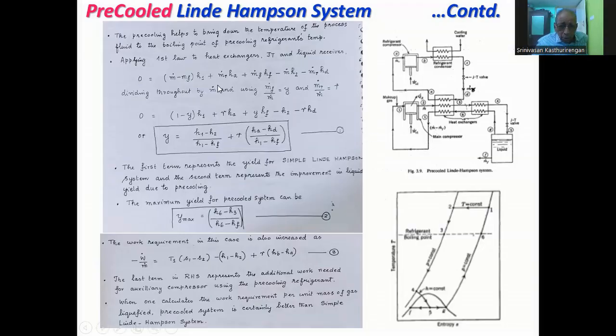So it is equal to the sum of the enthalpies of the outlets minus the sum of the enthalpies of the inlets. So you can write (M dot minus MF dot) into H1. That's because it's one of the outlets here, the returning gas.